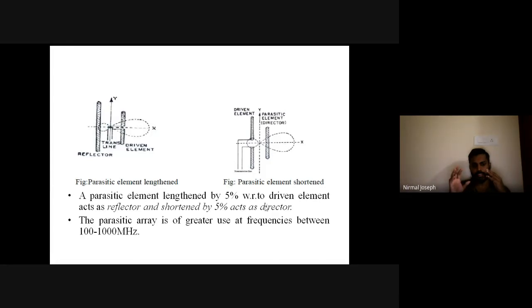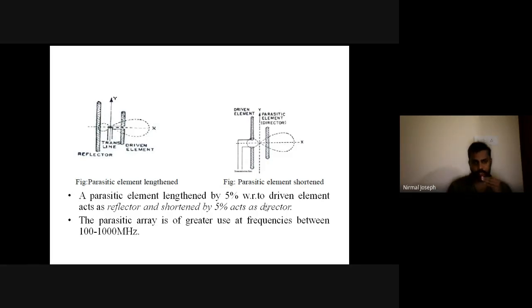Suppose a parasitic element has 5% more length than the driven element. Then that is called a reflector, since it can reflect electromagnetic waves toward the other elements. And if it is shortened by 5%, it can act as a director, or it can increase the radiation towards a particular direction.